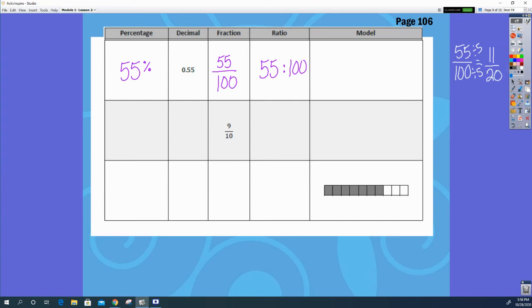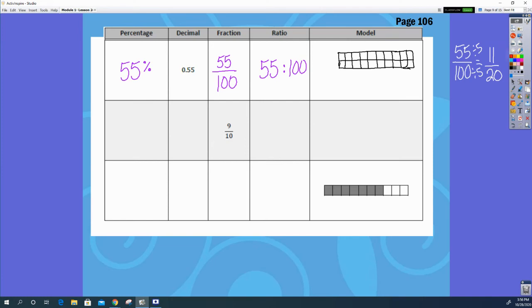So on this model, I could draw 2 columns or 2 rows, and they all contain 10 units or 10 blocks. Okay? And I would shade in, out of that, that's 20.